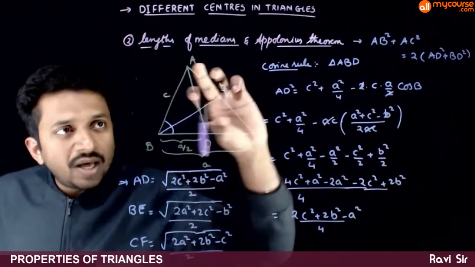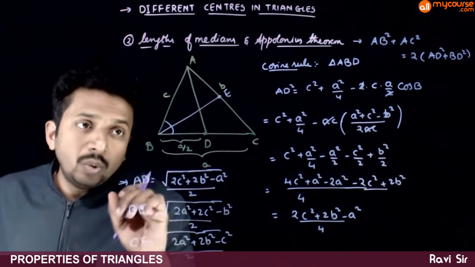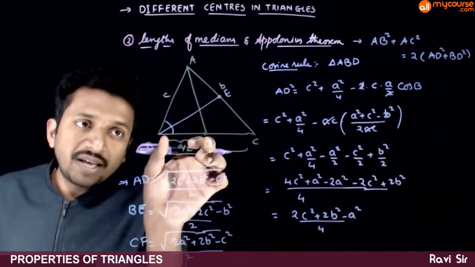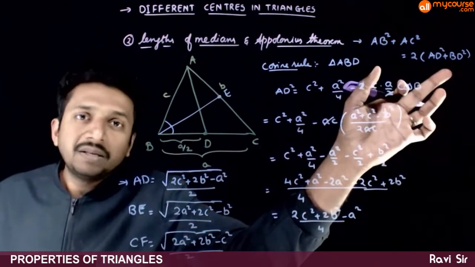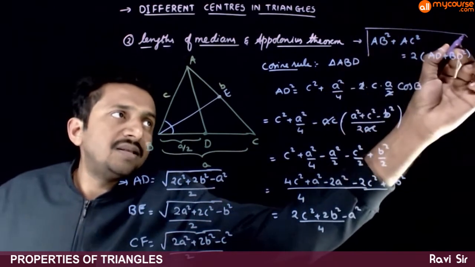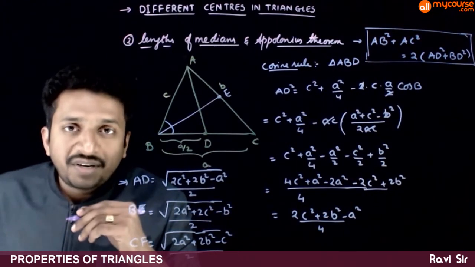So this square plus this square, the sum of squares of two adjacent sides, is equal to 2 times the median square plus BD square. This theorem is called Apollonius theorem. This is also a very important theorem in properties of triangles.